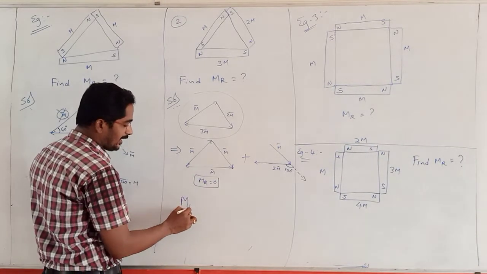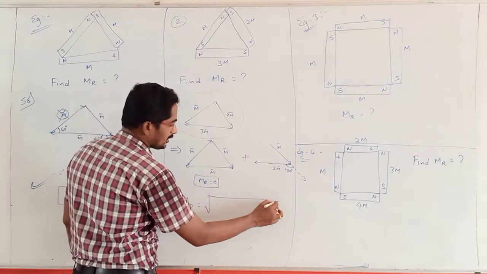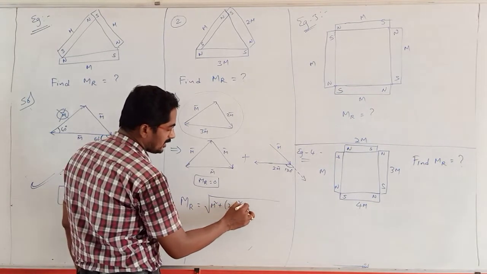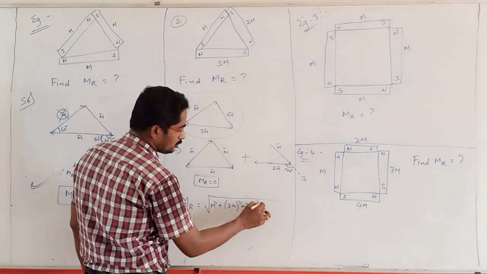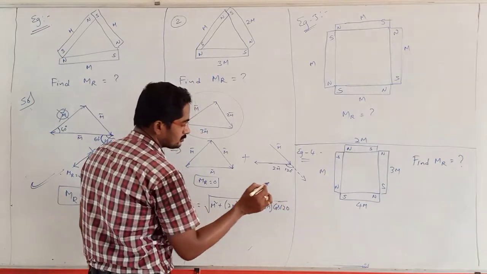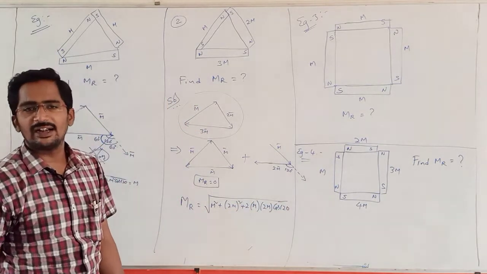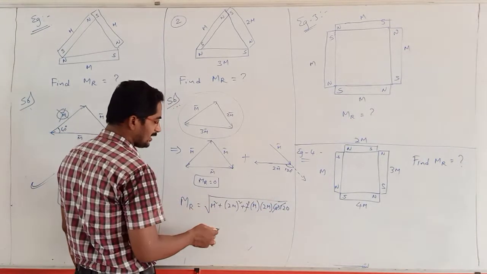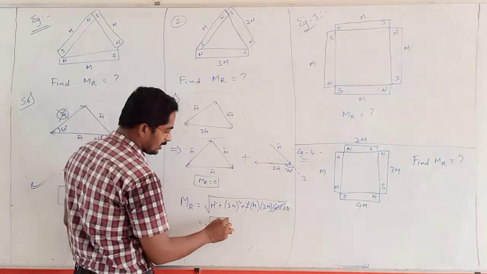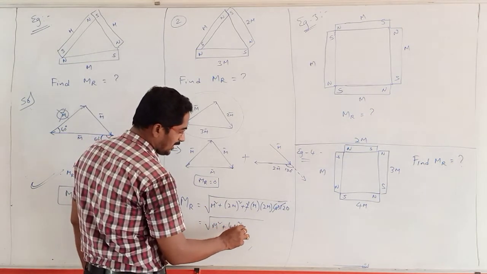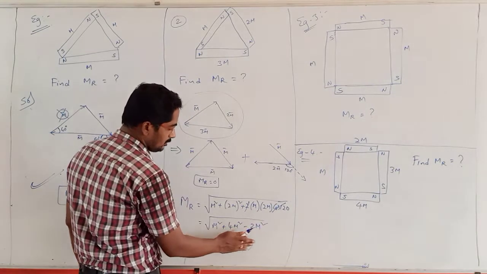The resultant magnetic moment equals root over m square plus 2m square plus 2 into m into 2m into cos 120. What is cos 120? Minus 1 by 2, so minus 1 by 2 cancels with the 2. What remains is root over m square plus 4m square minus 2m square.